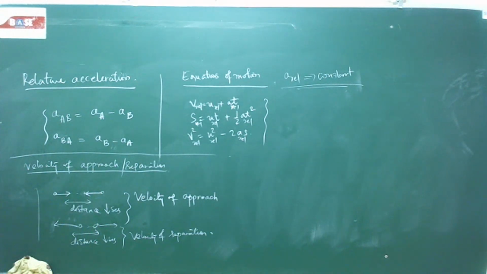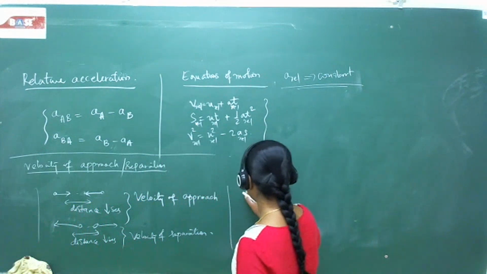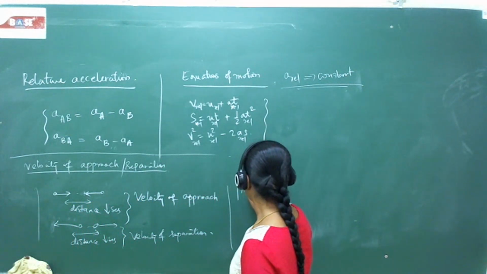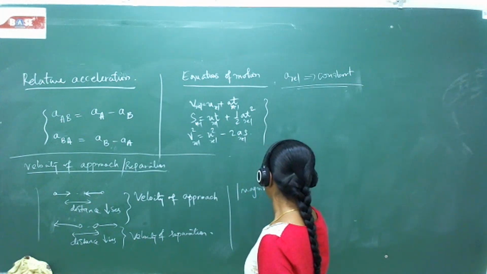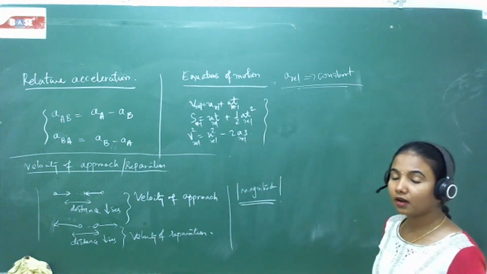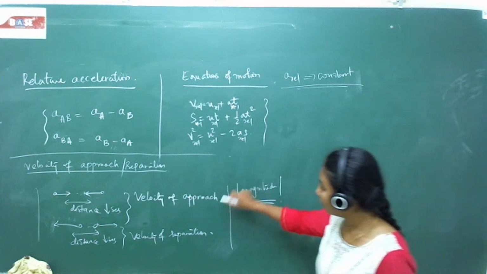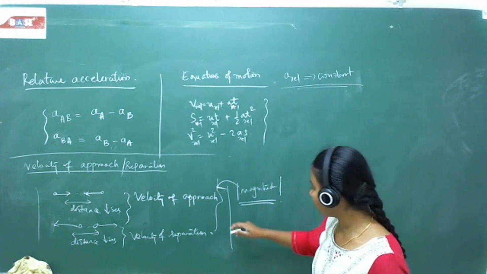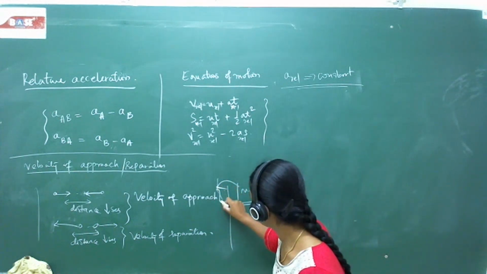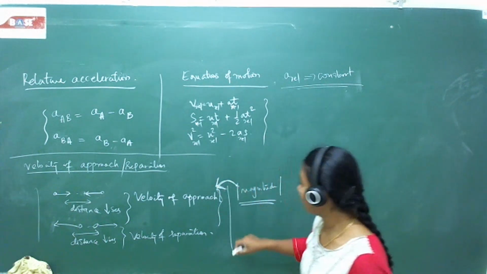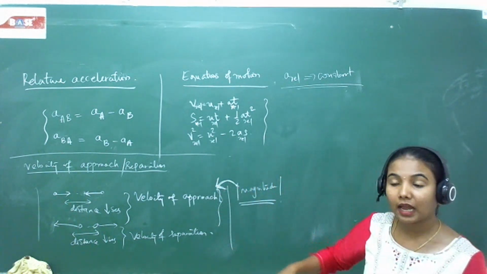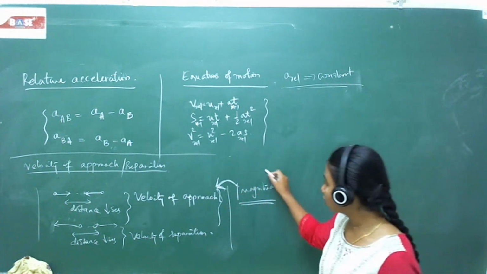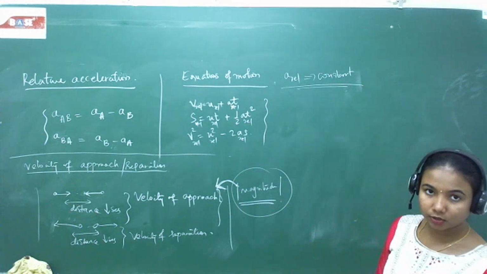So in such cases, we simply say that it is equal to the magnitude of the relative velocity of A with respect to B. So here we will take only the magnitude part in both cases, because we measure along the line joining the two objects, right?